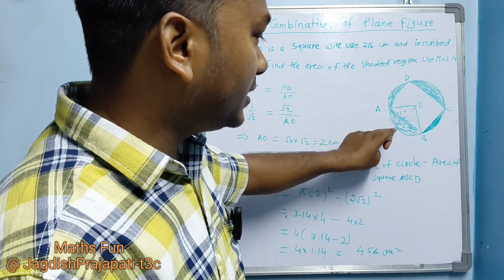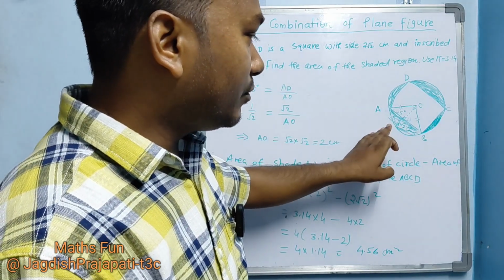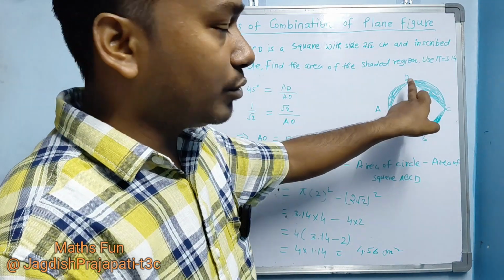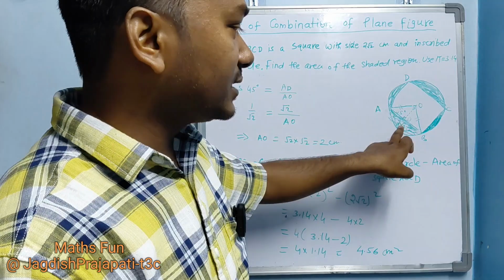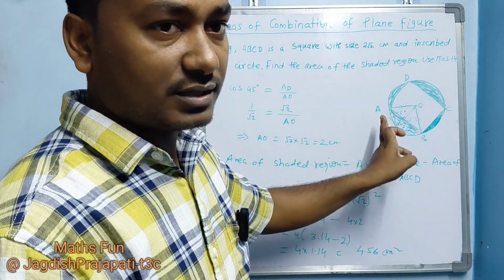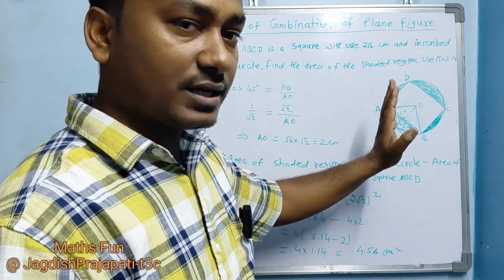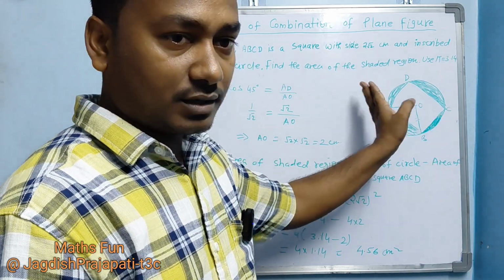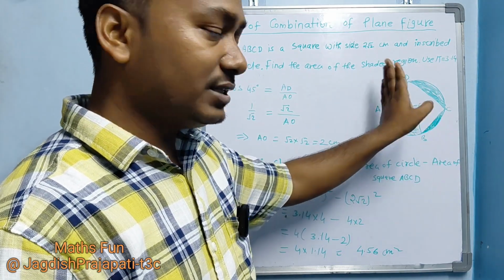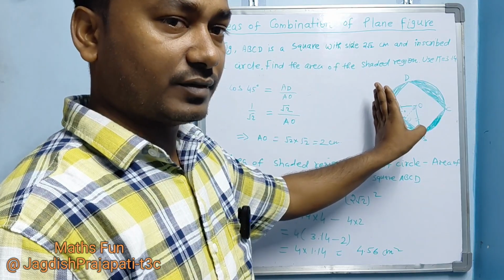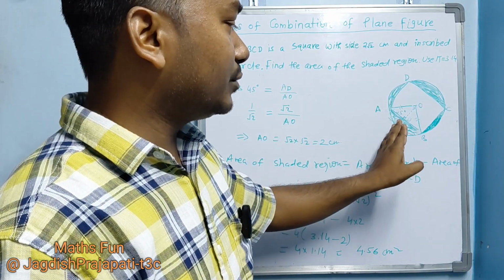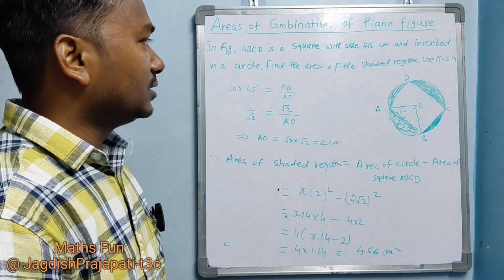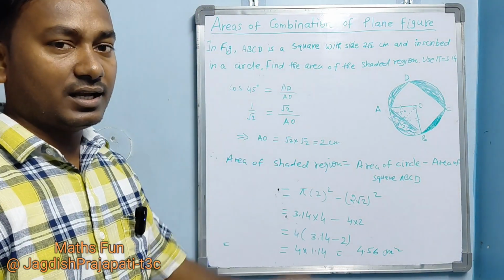Then you can find out the area of this segment, and whatever you find here, multiply by 4, because we have 4 segments here, and these segments are equal. Actually it is not looking so because of my bad drawing, but it will be same. So you multiply by 4 the area of one segment, you will get the answer. So this is one way, and that is another way.